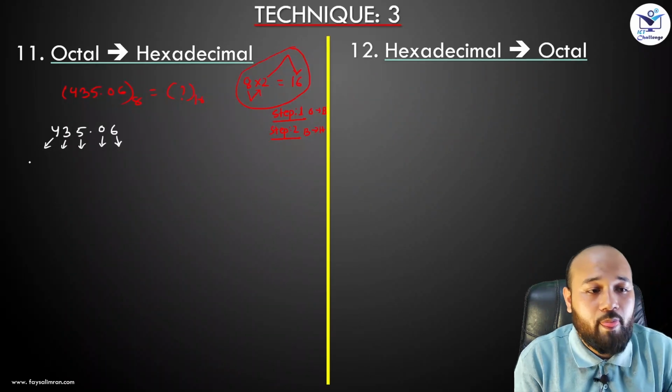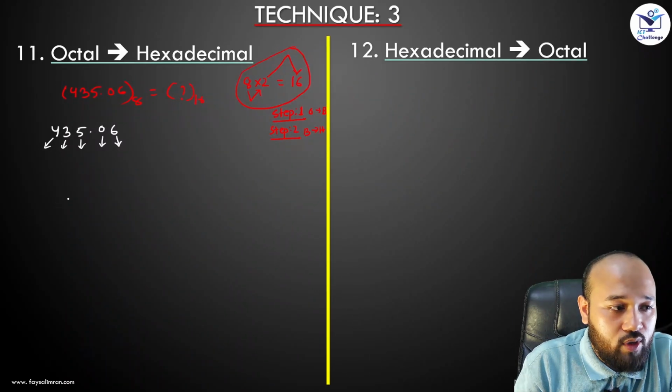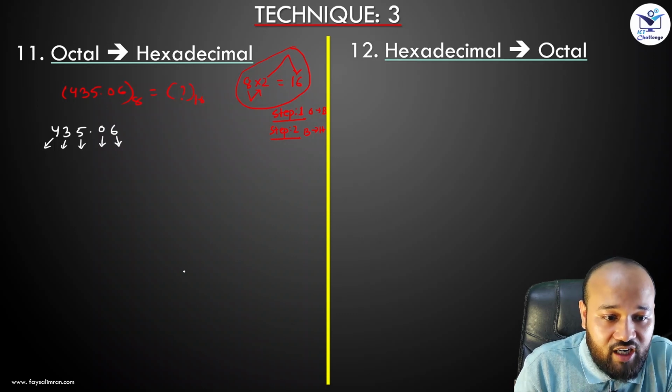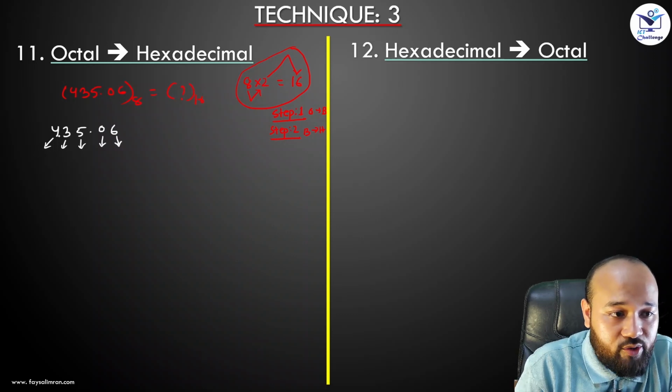Okay, so I don't want to write this chart again because I already know the binary of this part. So if you don't know, you have to write this chart for making those binary. Okay, so 4 means 100, 3 means 011. I know that, and that's why I am writing directly.